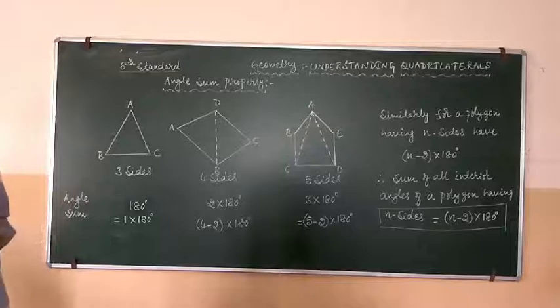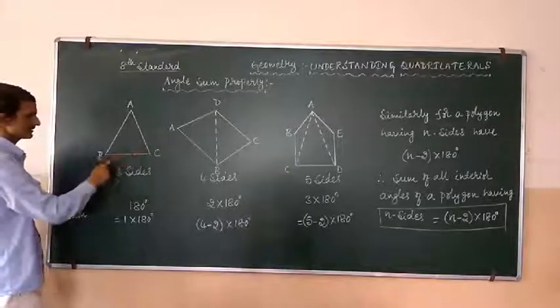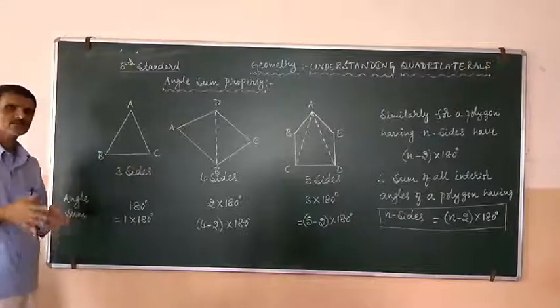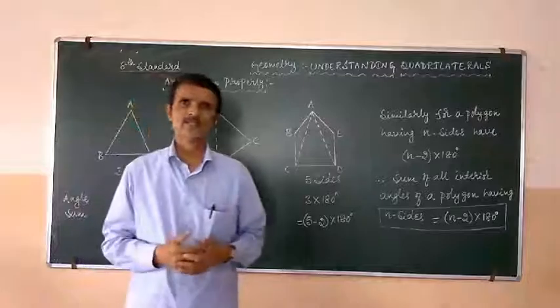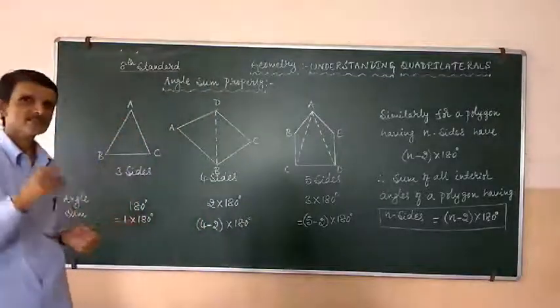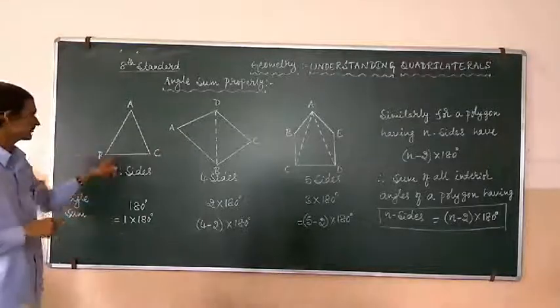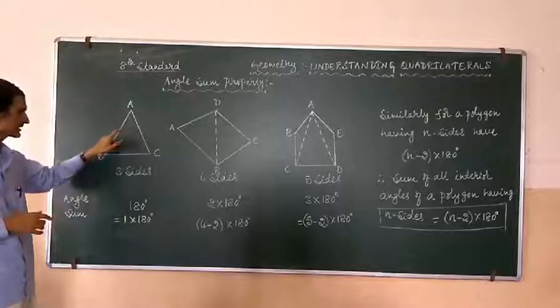You have already studied this in previous classes. It has three sides. All of you know that the sum of the interior angles of a triangle is 180 degrees. Therefore, for this plane figure or polygon, it has three sides.